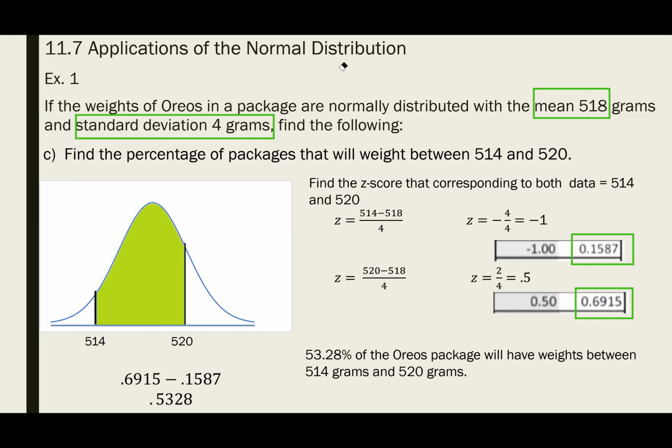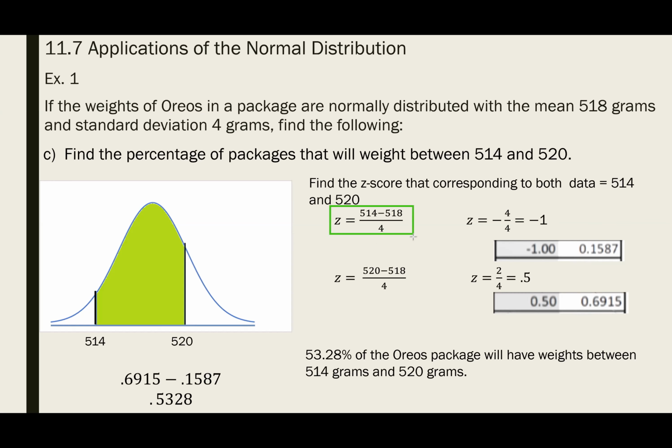Okay, so first of all, the only thing new, hopefully you say, wow, that's a lot of information. But the only thing new, believe it or not, ladies and gentlemen, is you need to plug into this z formula, because the problem they give you does not have a z.